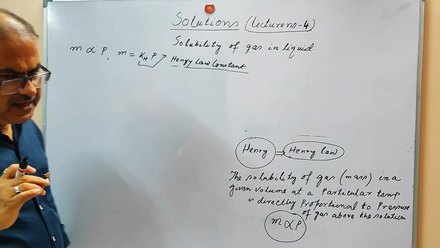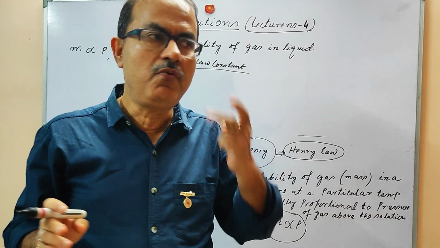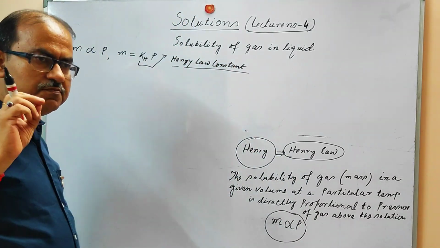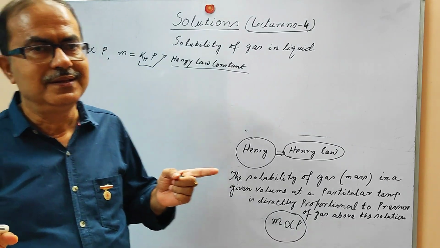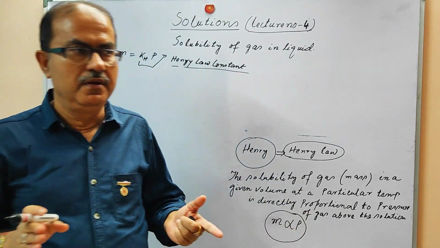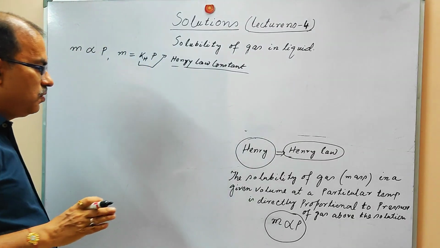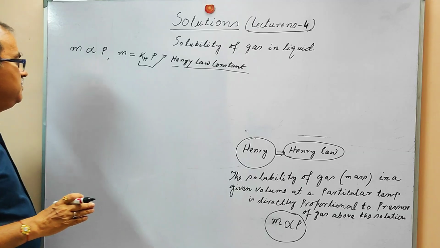Suppose there is a mixture of gases, and this mixture of gases is in equilibrium with the liquid. Then what is going to happen? At that time, we can modify this Henry's law.